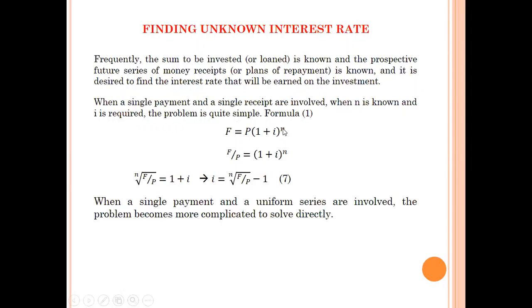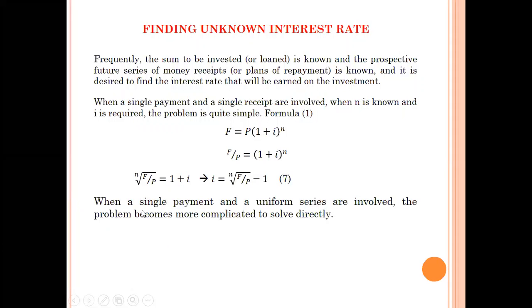So if we don't know the I, instead of not knowing future worth, for example, of course we can calculate them, right? If we are doing a single payment or single receipt, which is called F over P, P over F, we have comparatively simpler equations, much easier equations from which we can obtain I. So in this case, I is equal to, for example, such kind of equation.